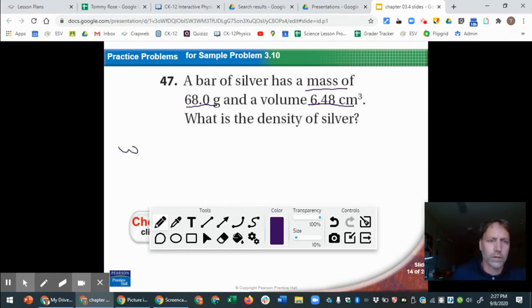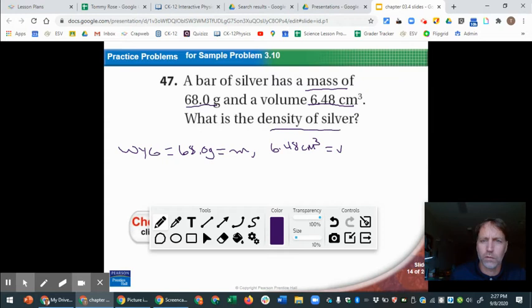So what you got, and I know this might seem a little elementary right now, but if you get in the practice of writing down what you got and what you need as these problems get more complicated, you'll be in practice and ready to organize yourself. What we need is the density of silver. So I'll write there, that is what I need.